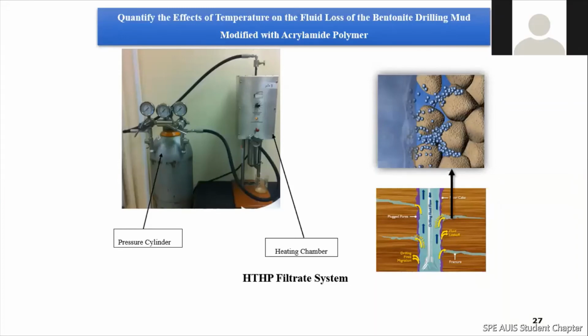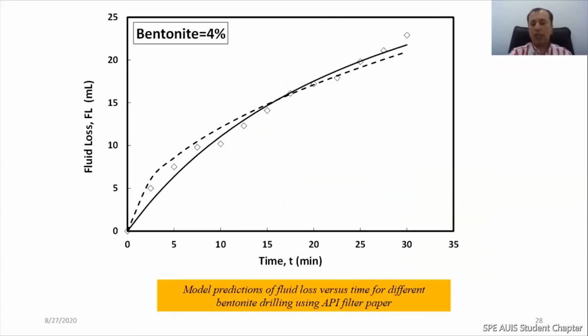That is the test. Normally we do it in the lab to measure the amount of fluid loss along with the thickness of the filter cake. That's the relationship we normally get. Based on the API, it's recommended to measure fluid loss for 30 minutes.